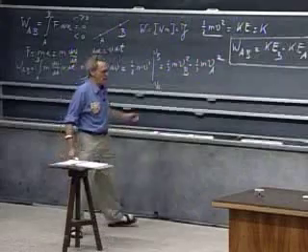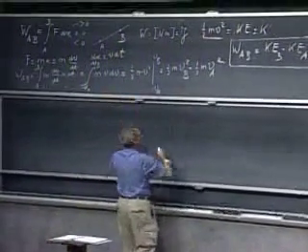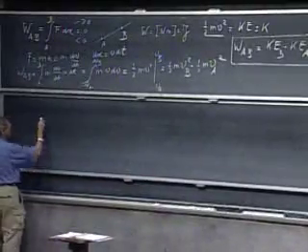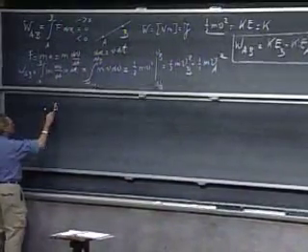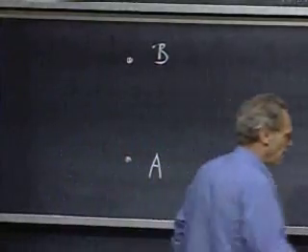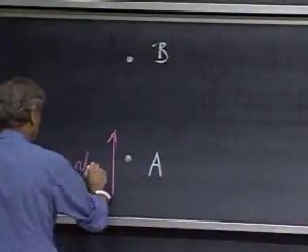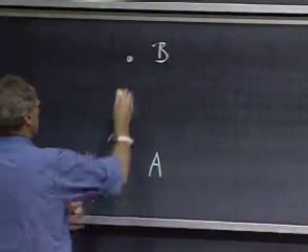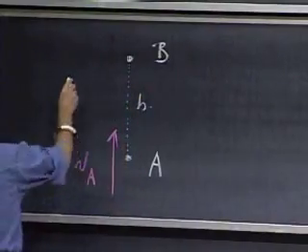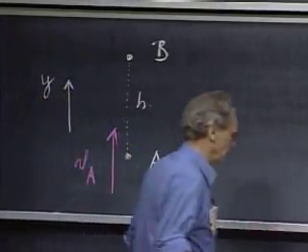Let's do a simple example, applying this work energy theorem. I have an object that I want to move from A to B. I let gravity do that. I give it a velocity. Here is the velocity VA. And let the separation be h, and this could be my increasing y direction.